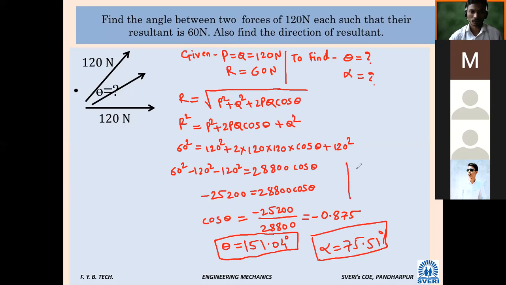That we know. Tan alpha is equal to Q sin theta divided by P plus Q cos theta. Apply this formula and you will get the answer: alpha is equal to 75.51.